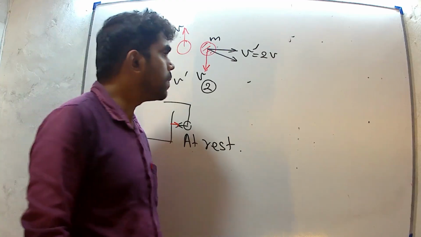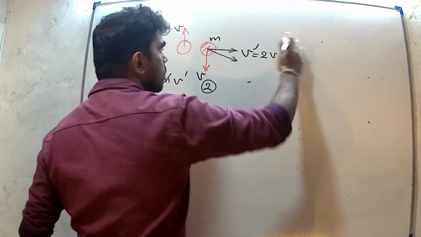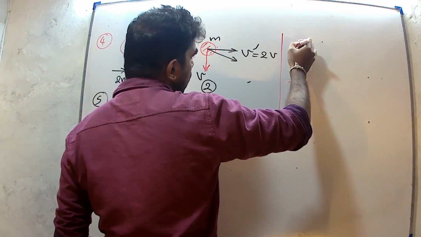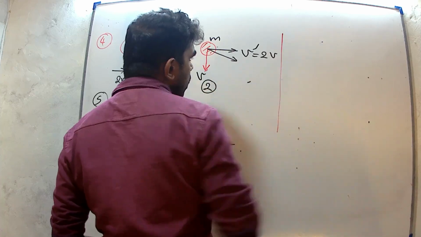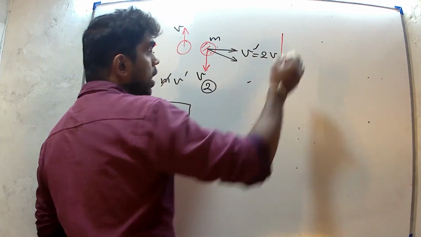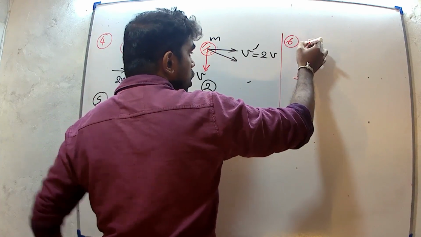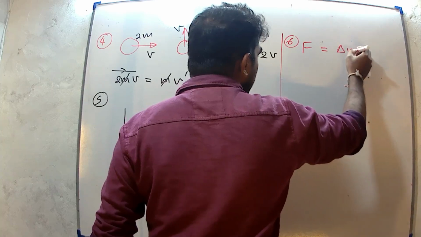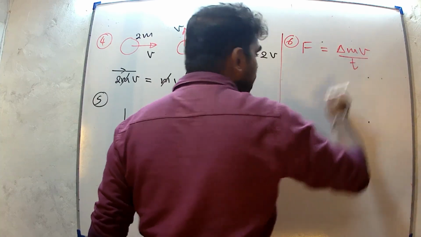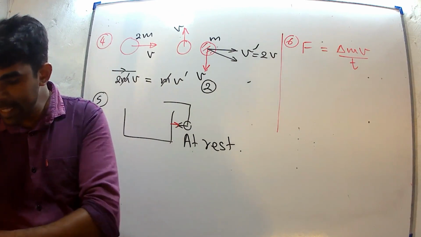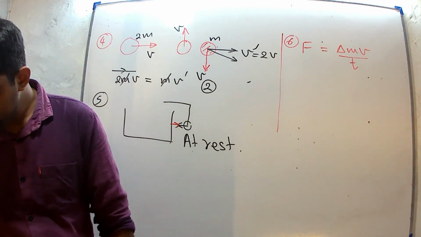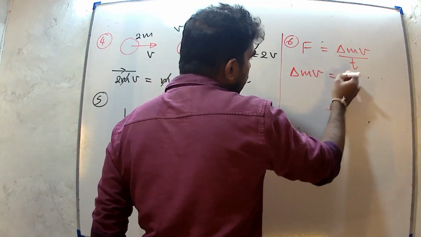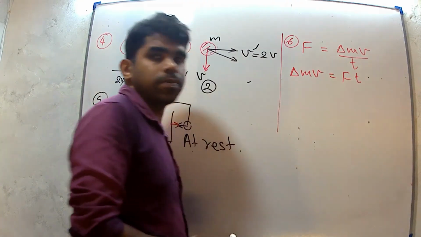We know that, according to Newton's second law, the external unbalanced force is the rate of change of momentum: change of momentum divided by time. Now we can consider the change of momentum is Ft, force into time.